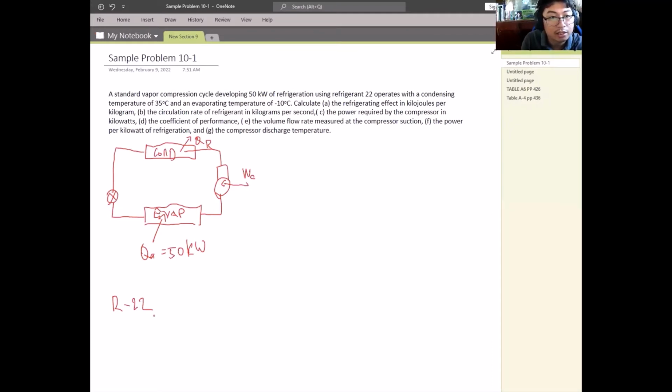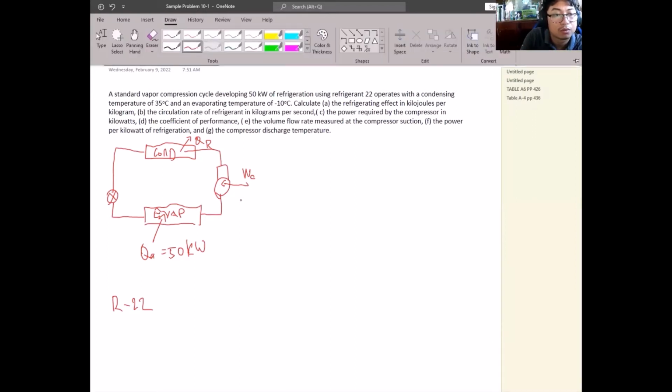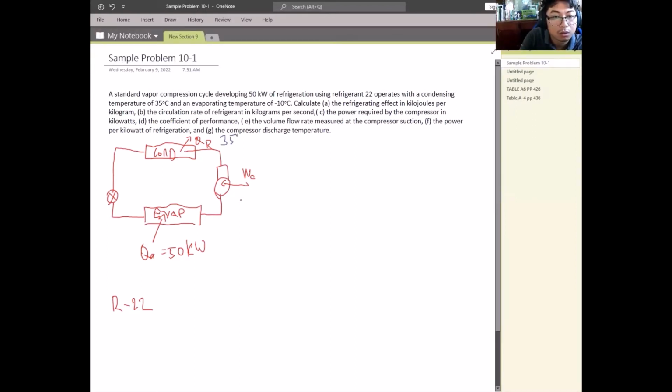With the condensing temperature of 35 degrees Celsius, our high temperature side will be 35 degrees Celsius, and the evaporating temperature, or the low temperature side, will be negative 10 degrees Celsius.